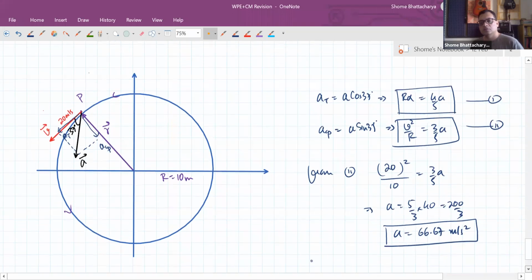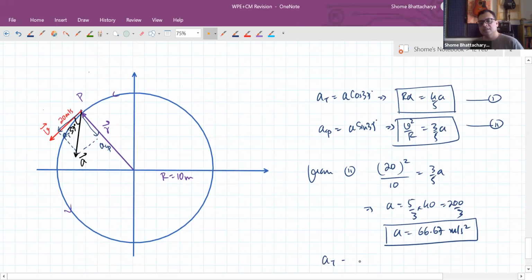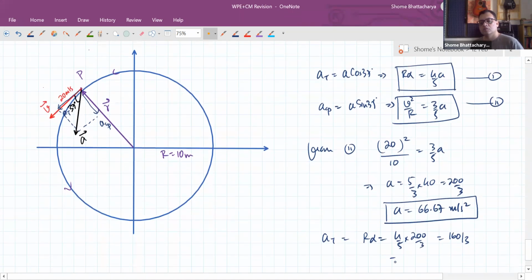And therefore, the tangential acceleration, which is equal to r alpha, is 4 by 5 into 200 by 3. Is equal to this much.